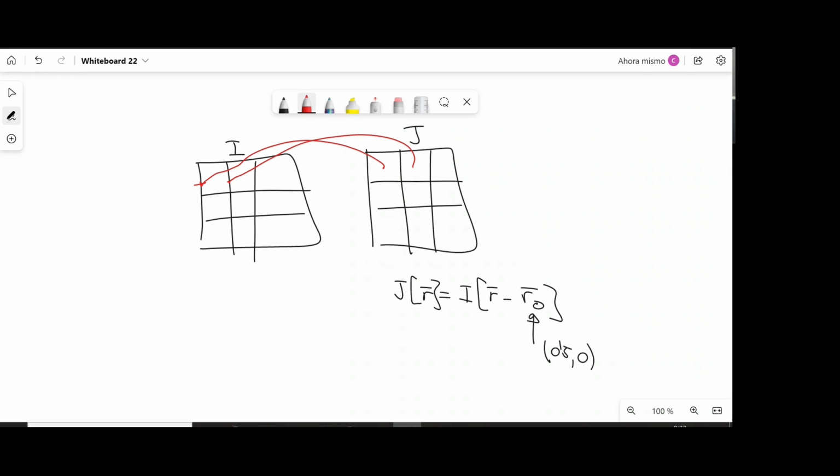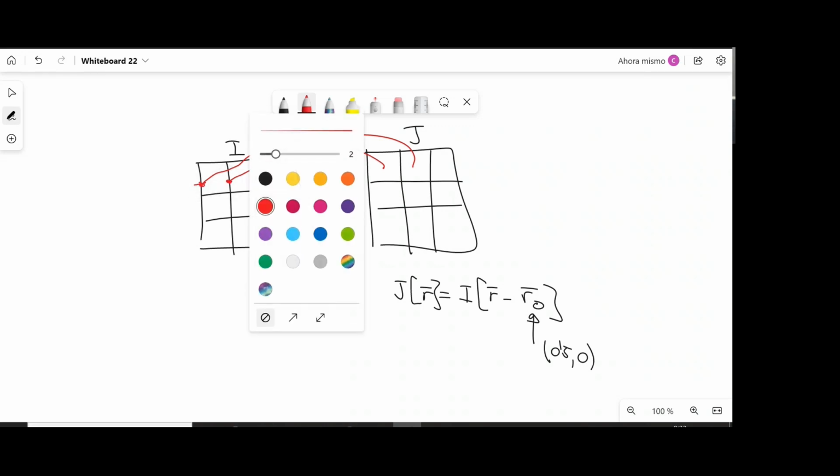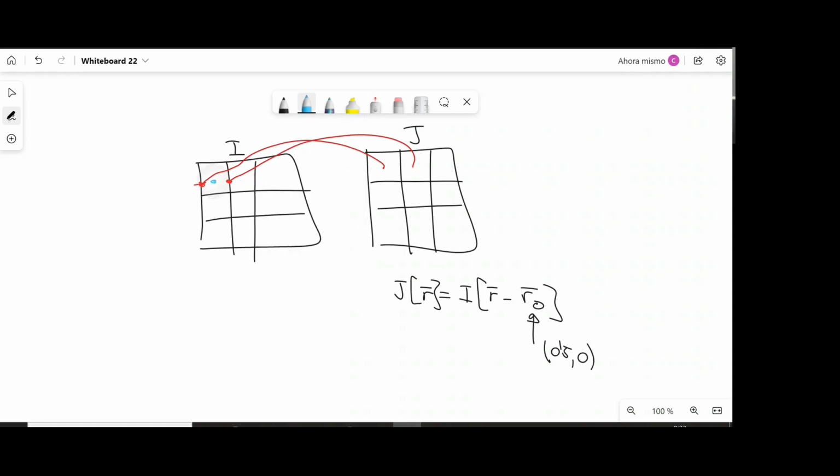But we don't know the image at those red locations. We don't know the image at these red locations, but we know them at the blue locations.